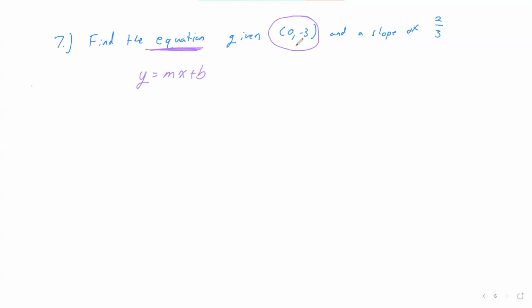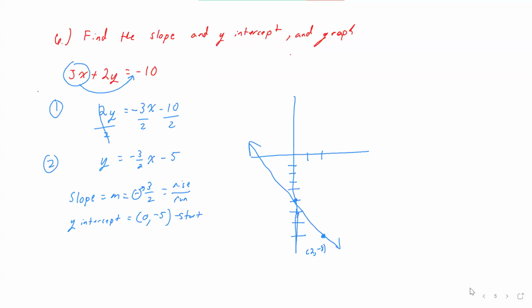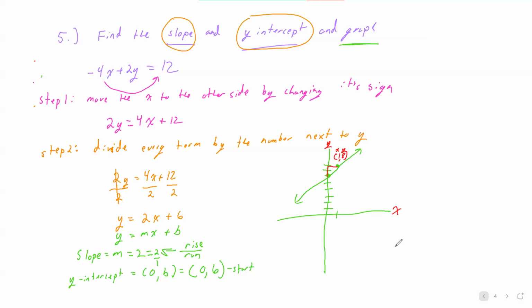It's my x and y, yes. But what's special about the fact that I went 0, a number? Let's go back over here. What do you notice about this coordinate? It was on the y-axis, okay. What do you notice about this number?